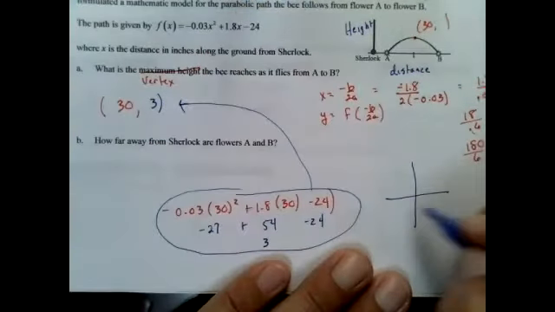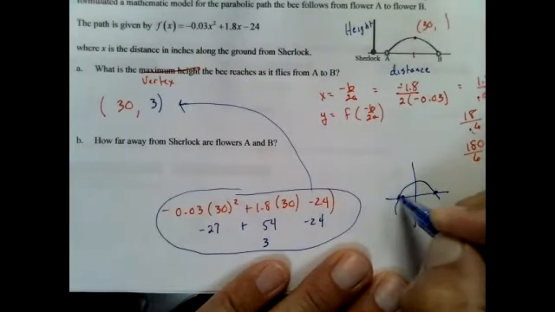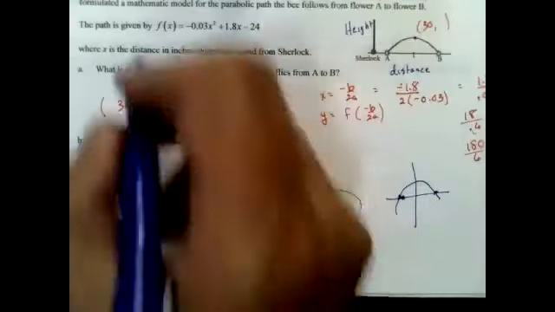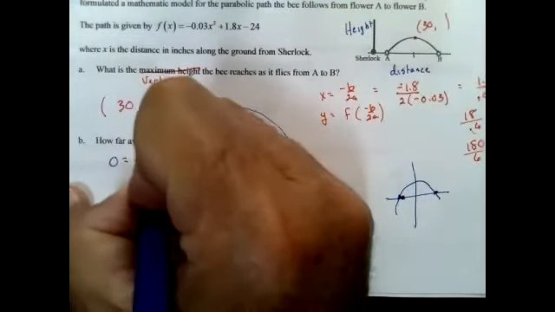If I have a graph and I go there and there, what are those two points? X-intercepts. So if they're the x-intercepts, that means I'm going to take this equation and set it equal to 0.